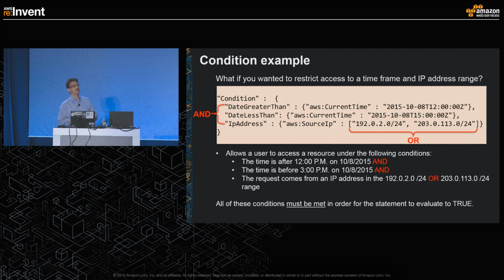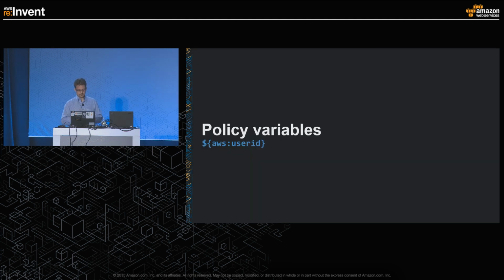It has to be before 3 p.m., which it is, and let's just assume we're coming from one of these 2 CIDR blocks, okay? The other condition is the time has to be after noon, and I haven't gone on that long, so this policy would actually fail one of the conditions, and therefore the entire policy that's attached, or the entire statement attached to this condition would be false, okay? So hopefully that clears up conditions a bit.